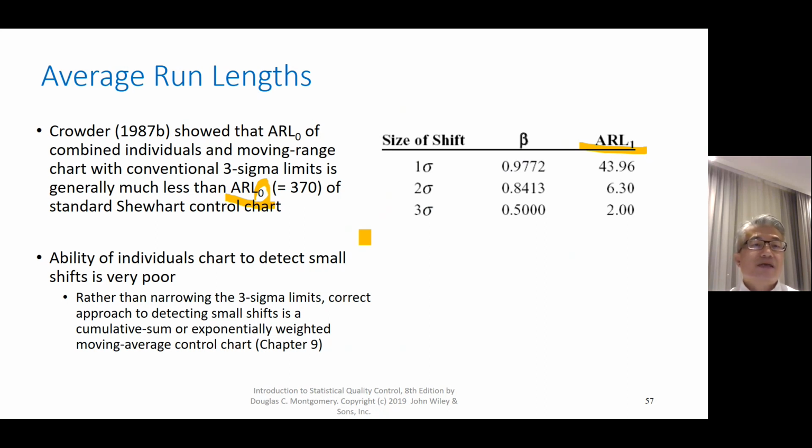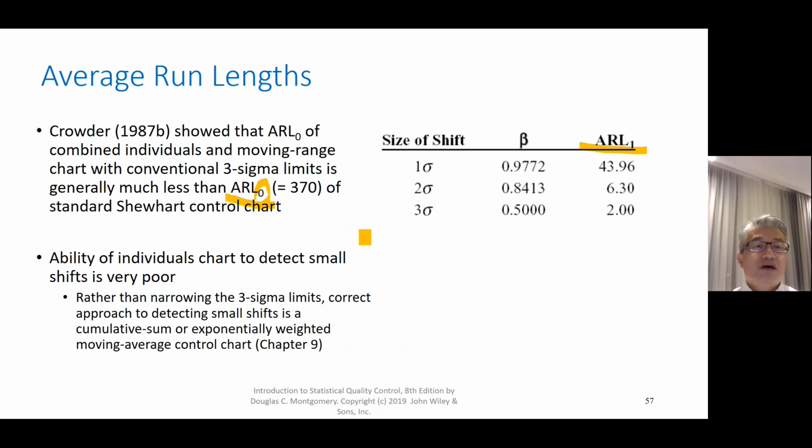Crowder back in 1987, well, that's a long way, 35 years ago, showed that the in-control ARL of the combined individuals and moving range chart with conventional 3 sigma limits is generally much less than the 370 of the standard Shewhart control chart.